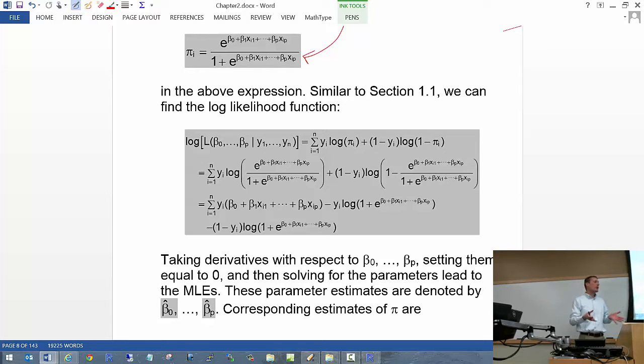There's not a closed form solution that exists in general, except for some specific special cases. And so what you have to use are what are called numerical iterative methods that for any particular data set that you have, will essentially search for what the beta hats, your maximum likelihood estimates, in case I didn't say that, would be.